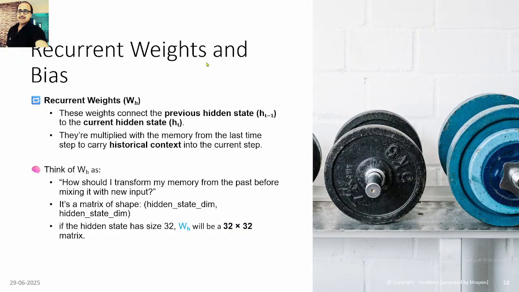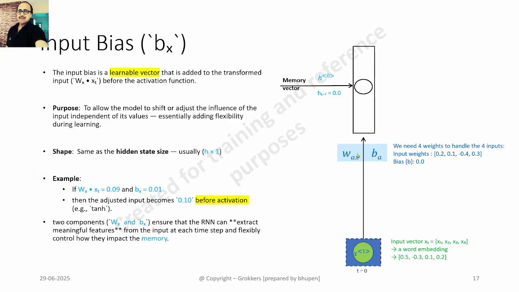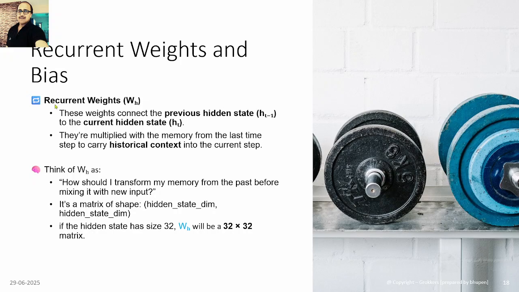Now, the next pair of weight and bias matrices is the recurrent weights and bias. That means we also have to maintain a weight matrix and bias for the hidden state. That would be another pair. The recurrent weights, WH, are used to multiply the hidden state.